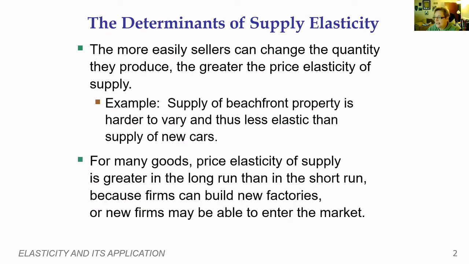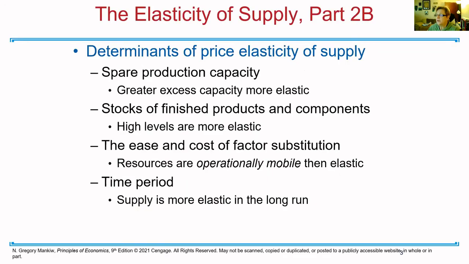So one of the things that comes back is the idea that elasticity of supply is greater in the long run than in the short run, because then we can do things like build new factories and so on. The first determinant of price elasticity of supply is spare production capacity.